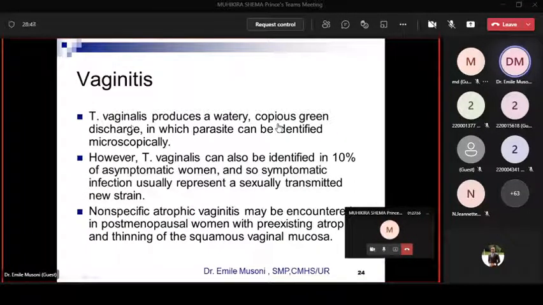And Trichomonas vaginalis can produce a watery, copious green discharge. In this one, once you find Trichomonas vaginalis, you have to treat the couple, because this one is a sexually transmitted disease.